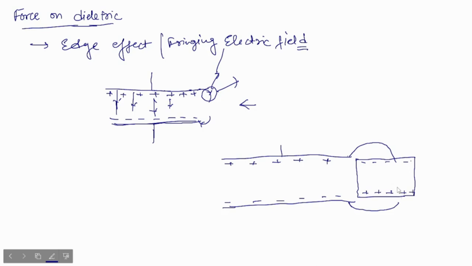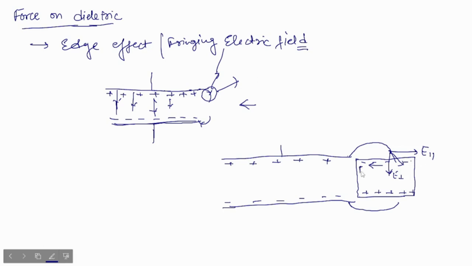Now what will be here? Here the electric field will be in this direction. Suppose this is the parallel direction, let's say it is E parallel, and this is the perpendicular direction, let's say E perpendicular. Now this part of the dielectric slab will experience a force towards this side due to this E parallel, because it is a negative charge and the electric field is in this direction.